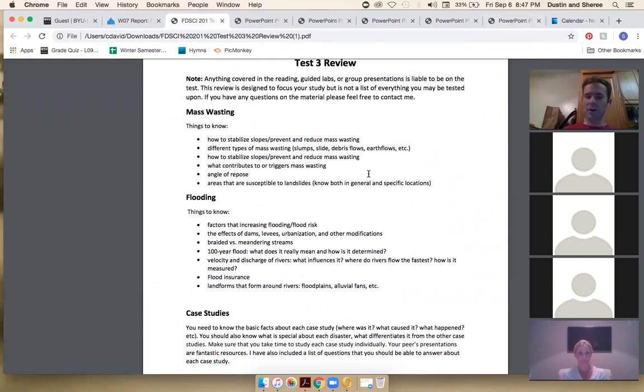What contributes or triggers mass wasting, angle of repose, and areas that are susceptible to landslides. So no general, but some specific. So you should know that areas in the Rockies or in California or in the Appalachian Mountains are prone to that. Okay? So great. There's that.